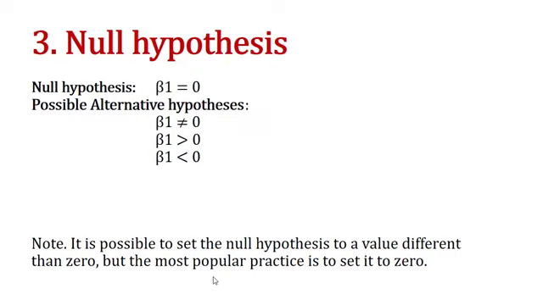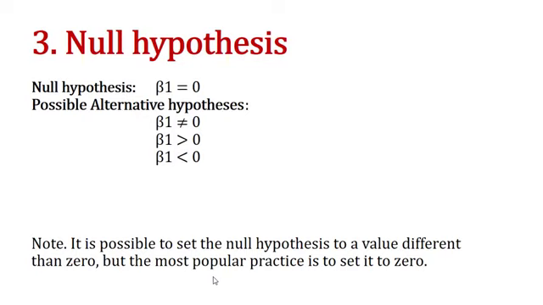Now, there are possible alternative hypotheses. One is vague, that says beta 1 is different than 0, so it doesn't say whether it's higher or lower than 0. And then the two directional alternative hypotheses, either that beta 1 is greater than 0 or that beta 1 is lower than 0 in the population.